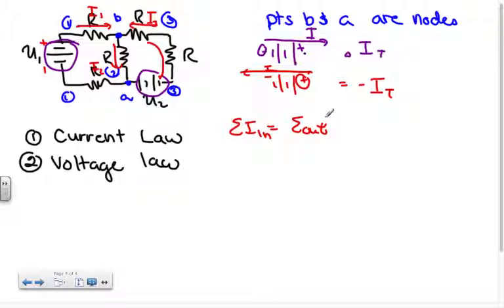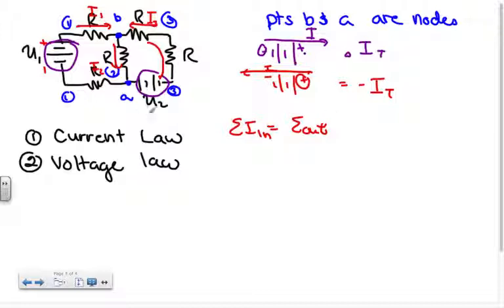I stated it this way so that you don't screw up the signs when you plug in the numbers, because the other way it's often stated is that the sum of the currents at the node must be 0. But as you can see, I have dictated for you the positive and the negative currents.